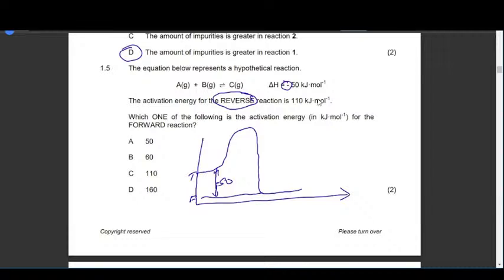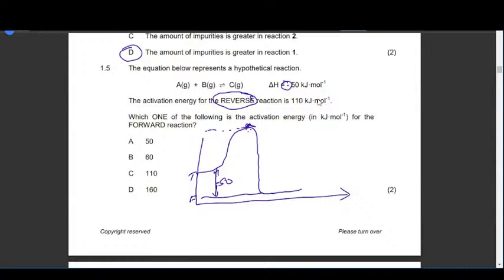But they're saying that reverse reaction is 110. So remember, this amount is activation energy, and the species at the top is the activation complex. So now if I'm reversing, what's going to happen here?